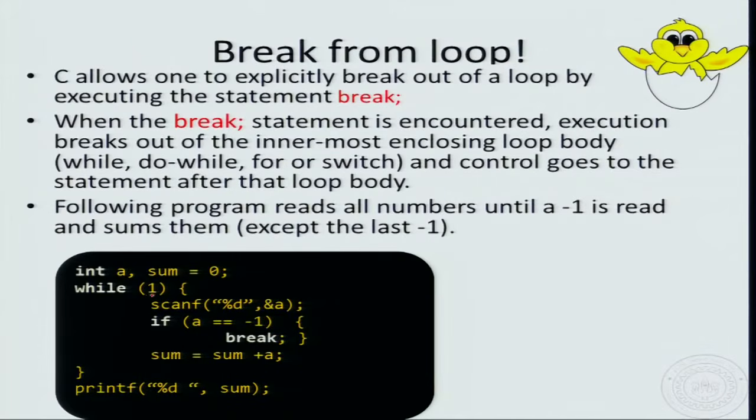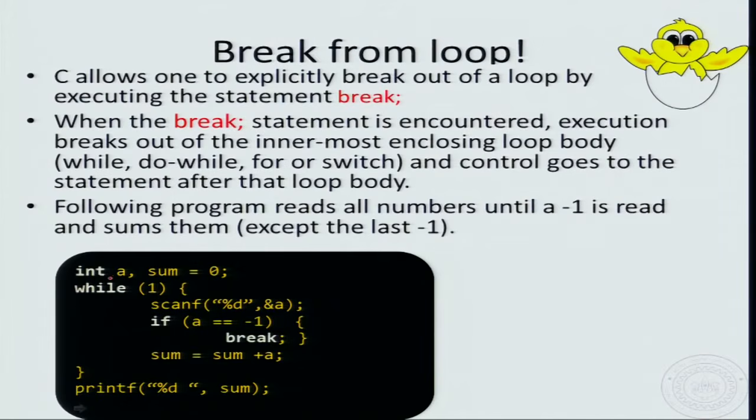Earlier, if you recall, we had written a loop saying while not of a equal to -1. In this case let us write a similar program, but with a simpler test expression, which is just while 1. So, you always enter the loop no matter what number you read.